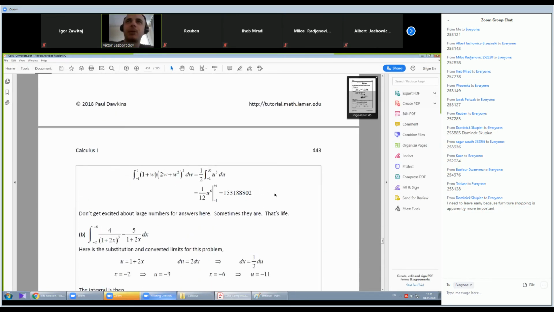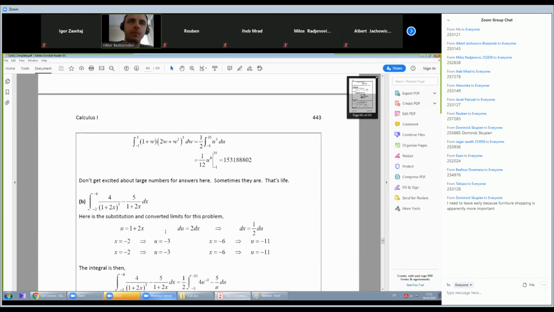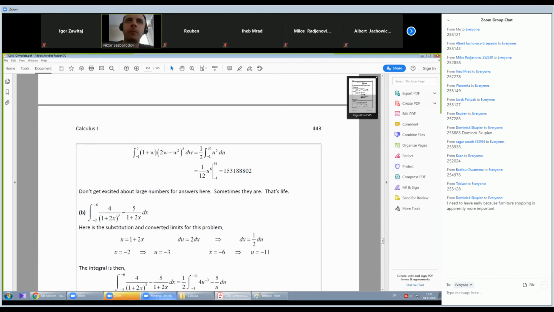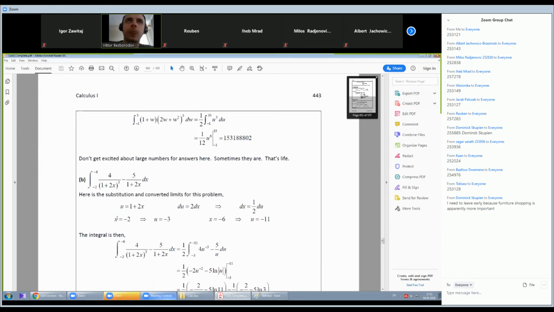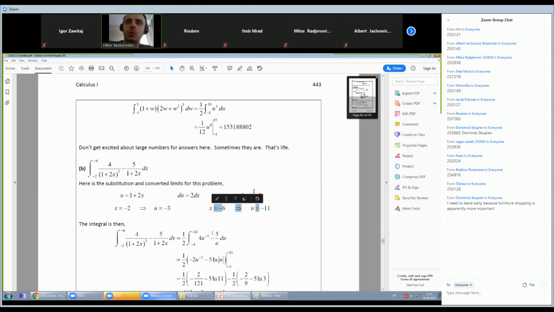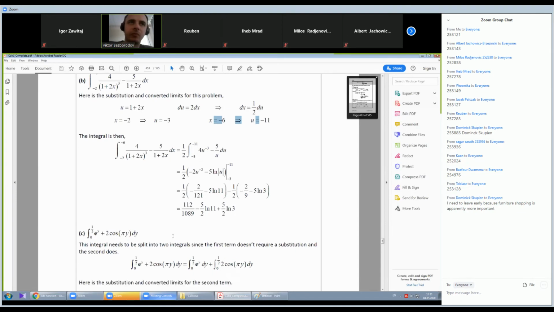And then sometimes the numbers are large, especially if you work with polynomials. So basically, there is not much new here, except that you have to recompute the limits.